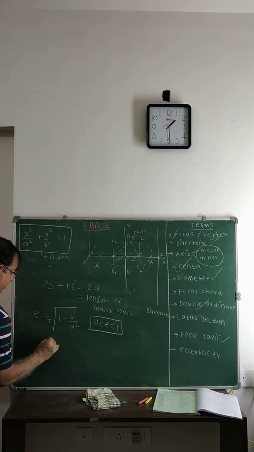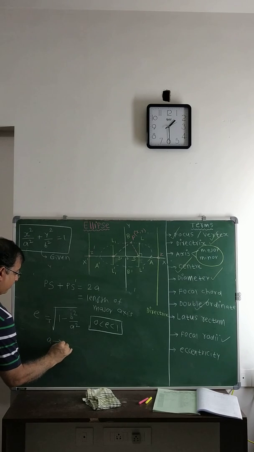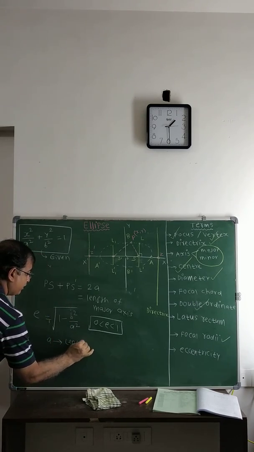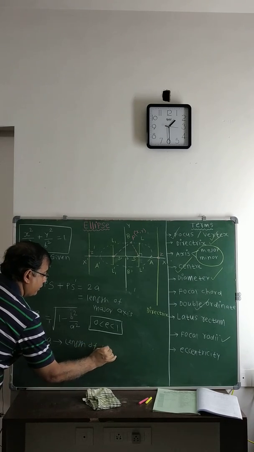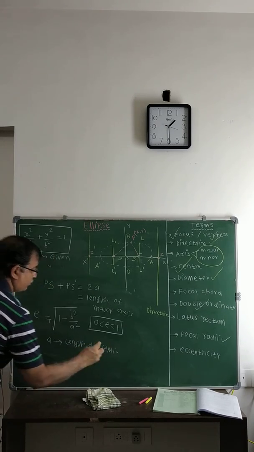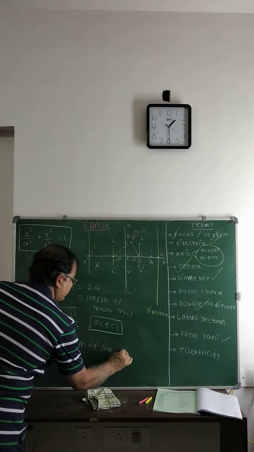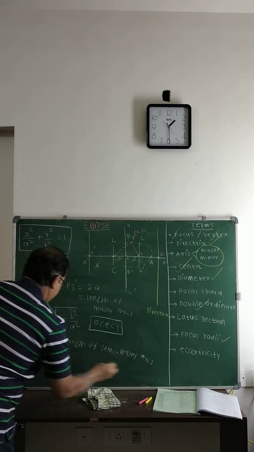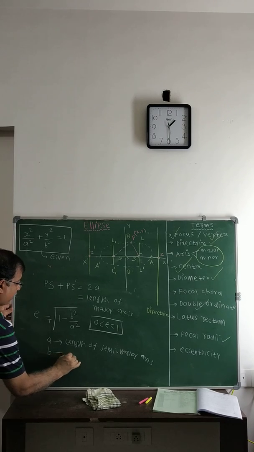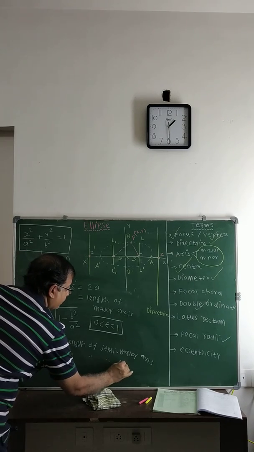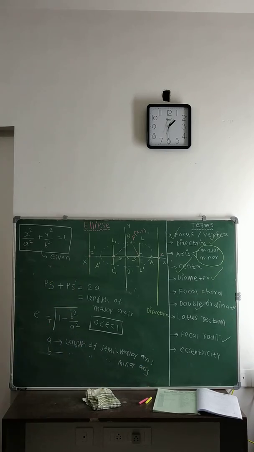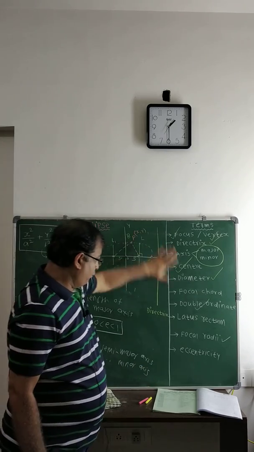And this quantity A is already calculated from the given equation, that is nothing but the length of the semi-major axis, because twice A is the length of the major axis. Semi means half, and this B is nothing but the length of the semi-minor axis. So these are the terms related to ellipse.